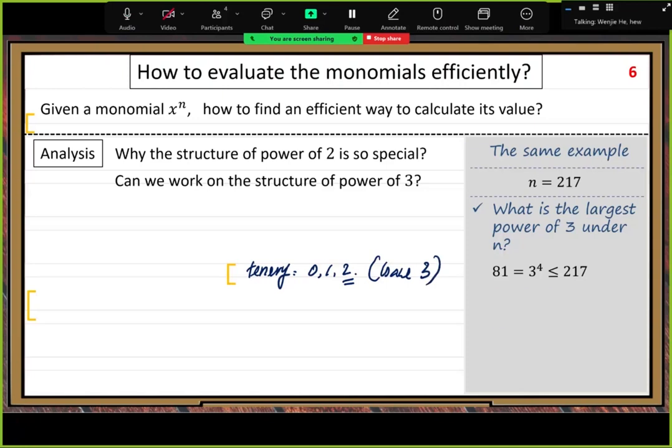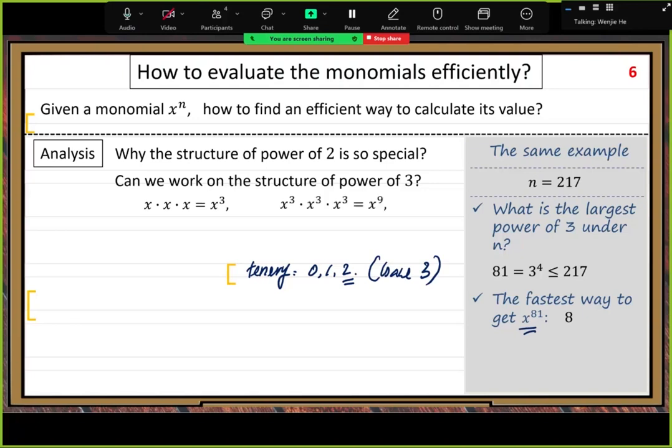Then, the preparation pool, resource pool. How many multiplications do you need to get x to the 81st? 8 multiplications. Let me show you how to use 8 multiplications to get this pool. X cubed, we need 2 multiplications: x times x times x. 2 multiplications, not 1.